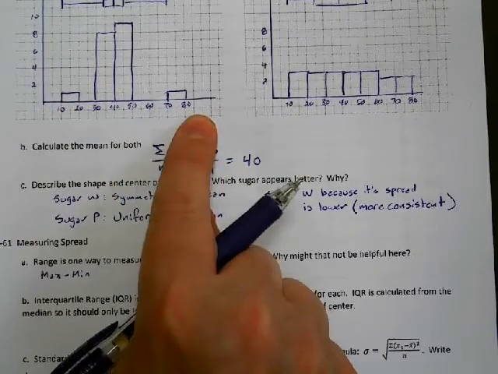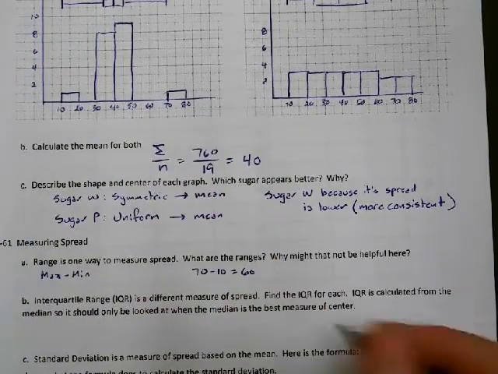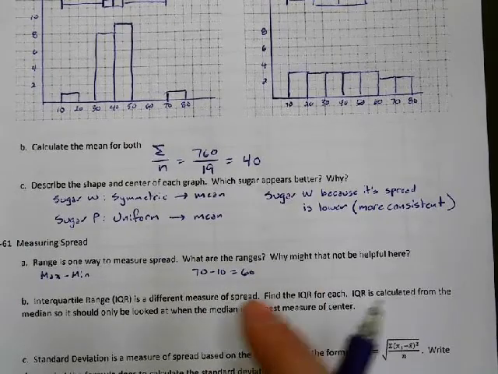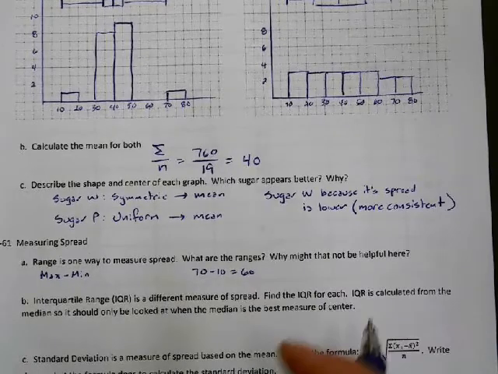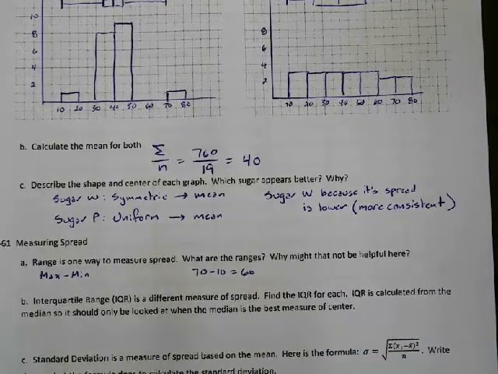So usually the highest and lowest numbers aren't very descriptive of what's really going on for most of the numbers in our data.